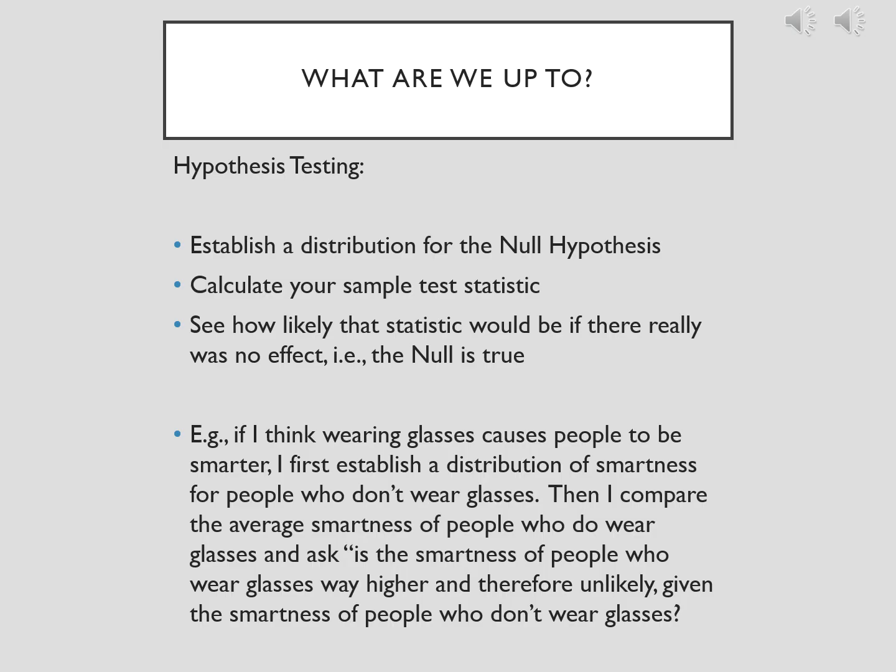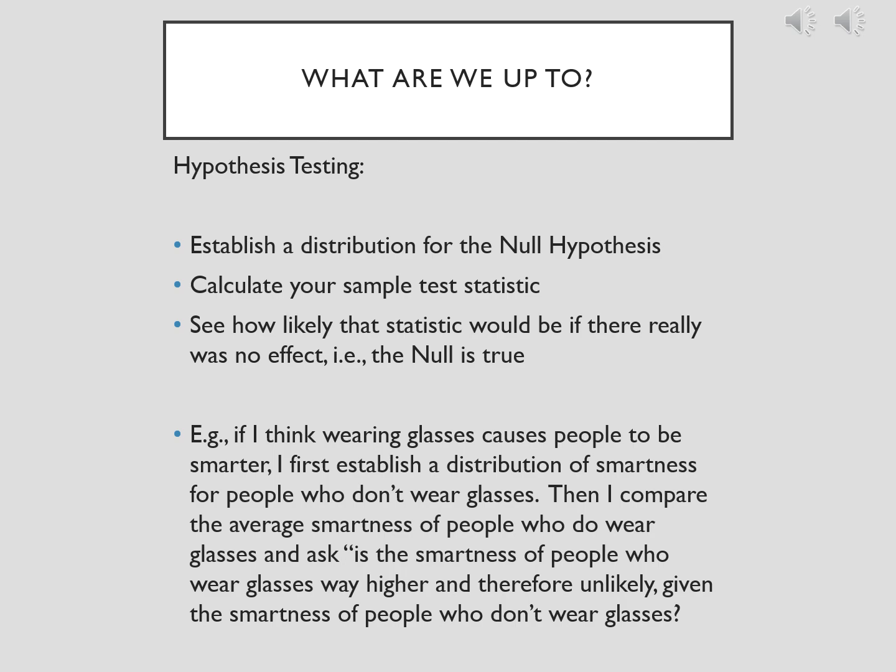We're wondering if wearing glasses causes smartness, and how we have to approach that is to basically assume first that glasses don't cause smartness, but then I'm going to try to disprove that null hypothesis.